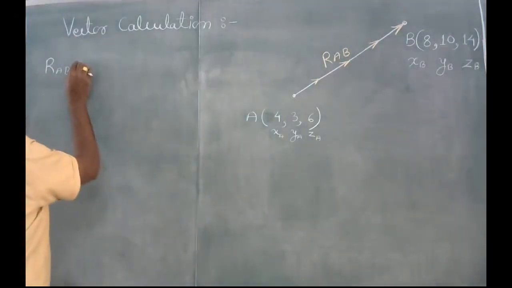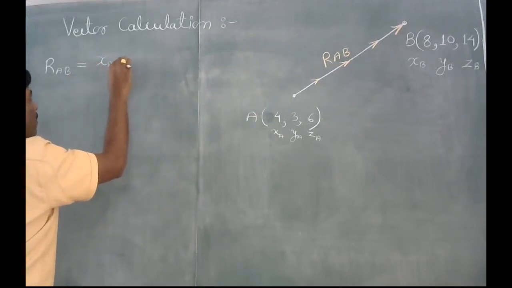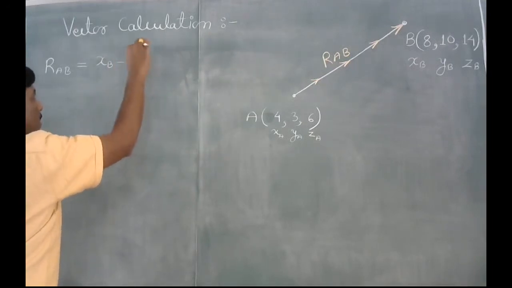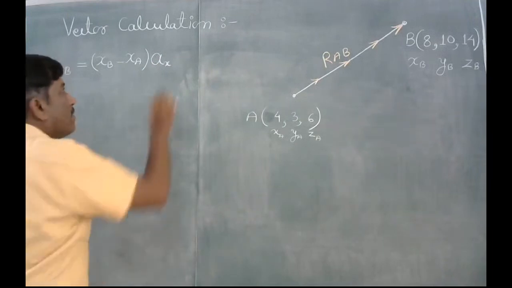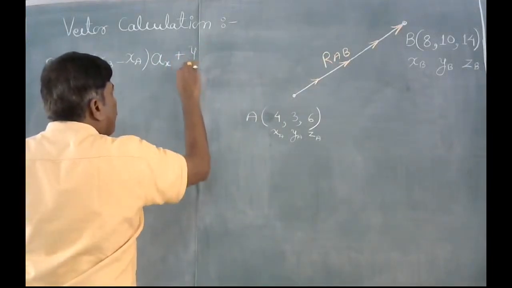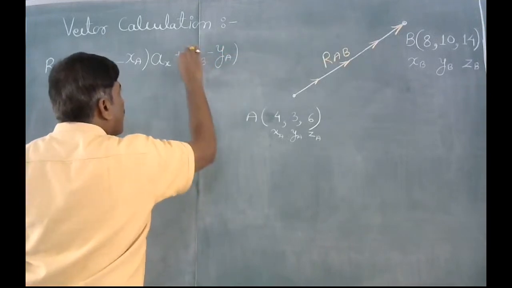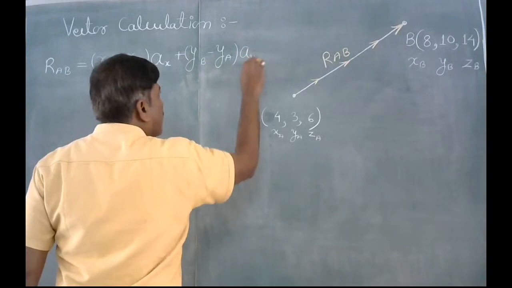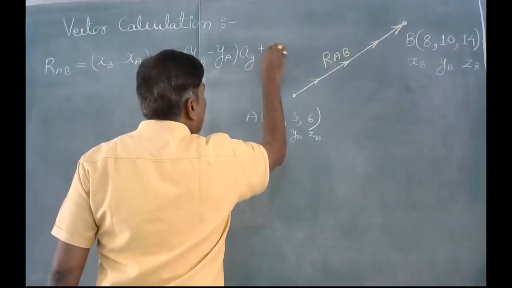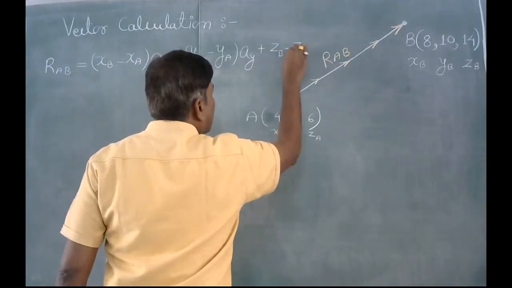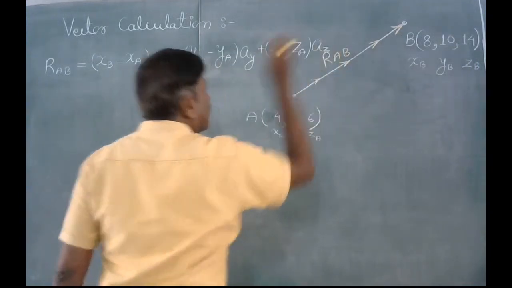It will be equal to the x coordinate of point B minus the x coordinate of point A, multiplied by the unit vector in the x direction, plus yb minus ya into the unit vector in the y direction, plus zb minus za multiplied by the unit vector in the z direction.